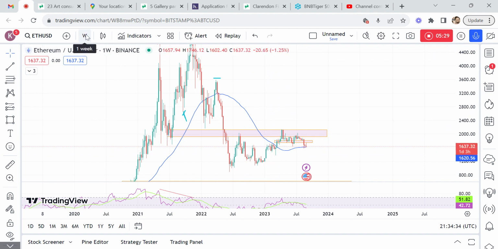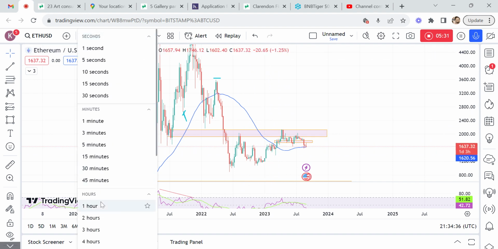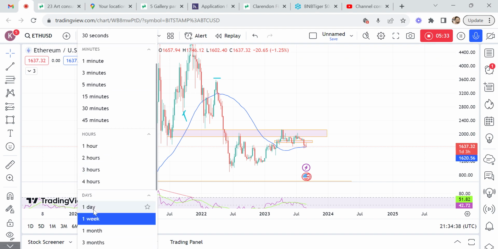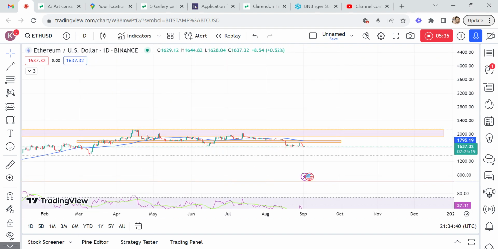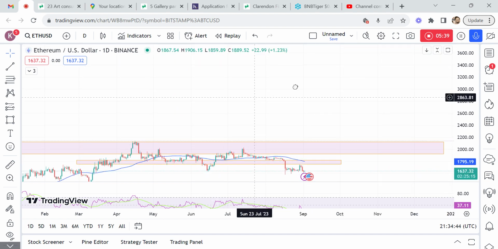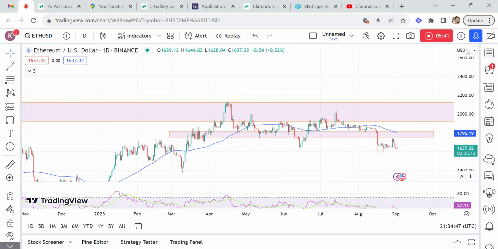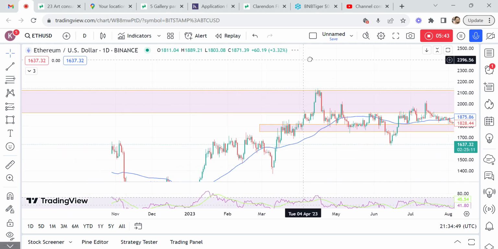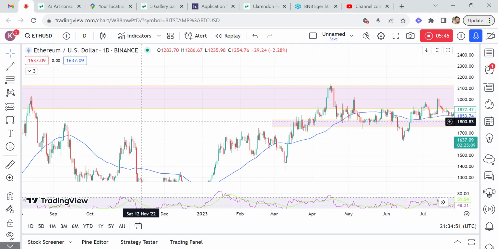Let us go to our daily. So you see that there are stops here. Let me use our trend line.